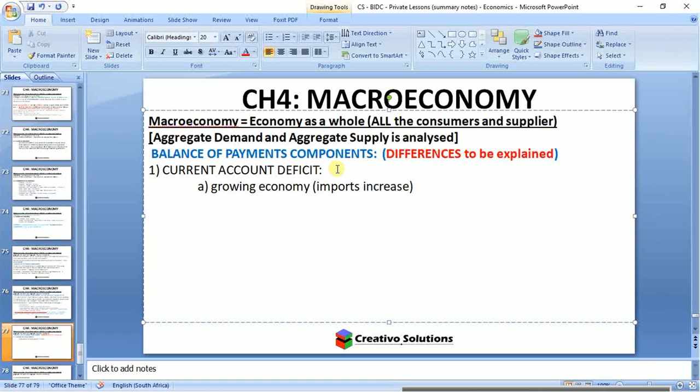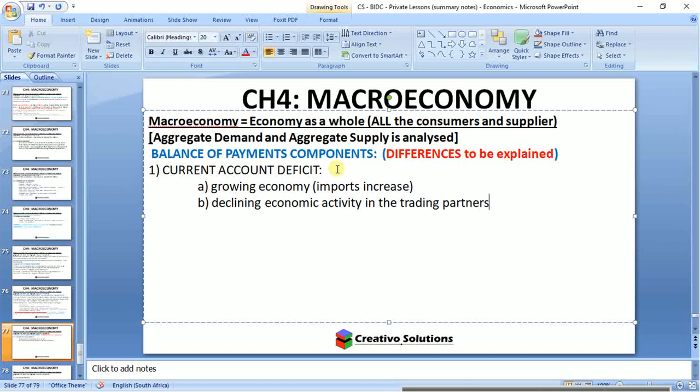There's a summary. Okay, B. Declining economic activity in the trading partners. Let's understand that.